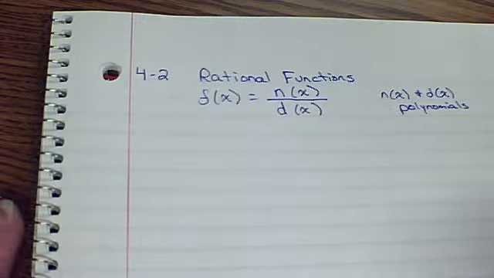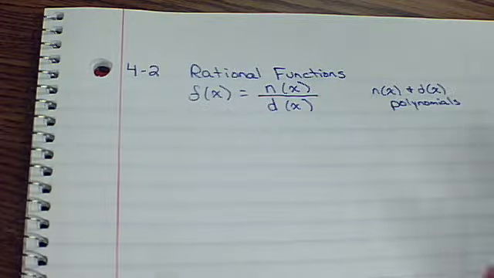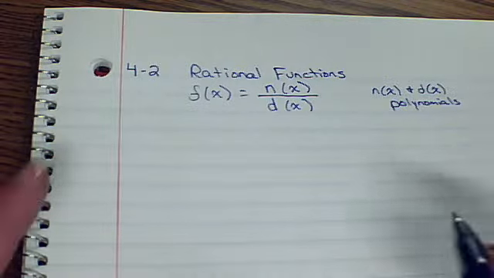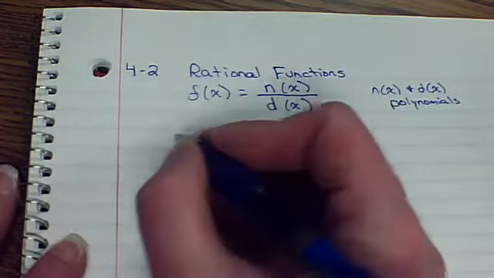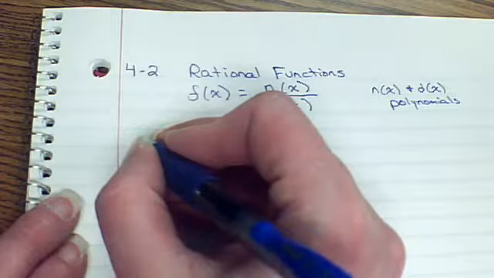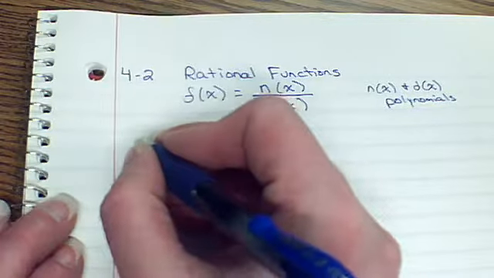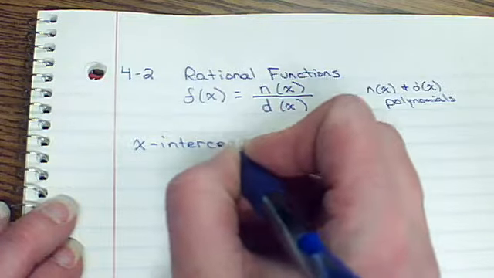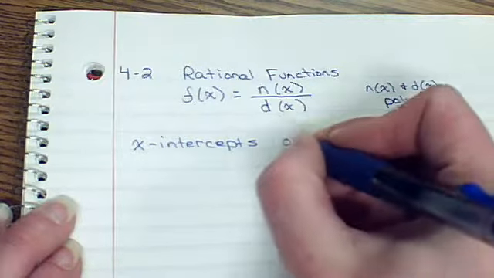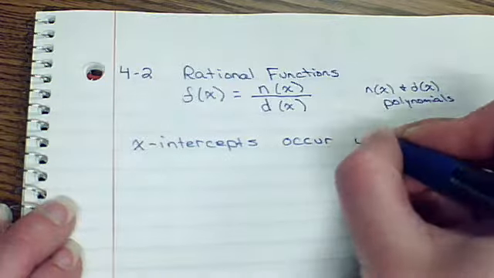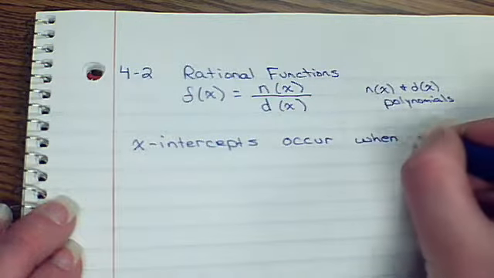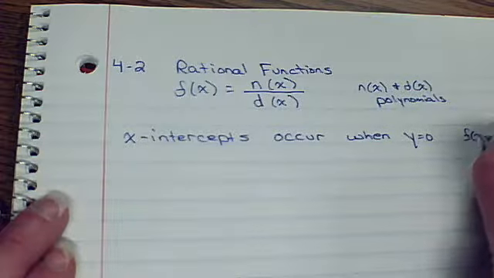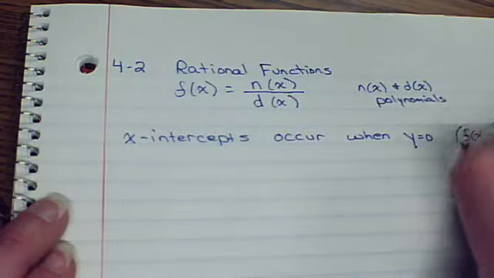Okay, now knowing some really good features about polynomials and rational functions, we can find a lot of information very easily. Now, we talked about last time finding our x-intercepts. Now remember, x-intercepts on any functions occur when y is 0. Now remember, if you're talking in function notation, that means when f of x is 0.